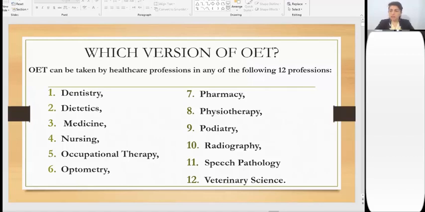So there are some differences, and because you all are doctors and you will attend medicine OET, that's why we will work on this version.